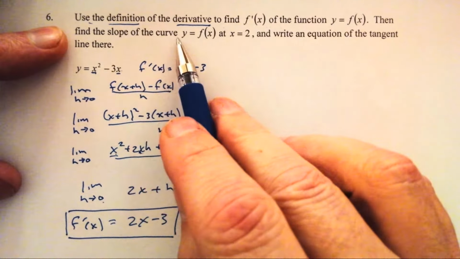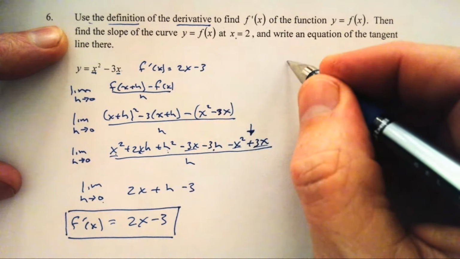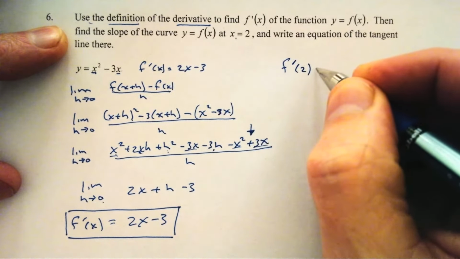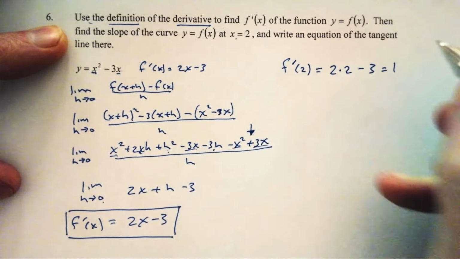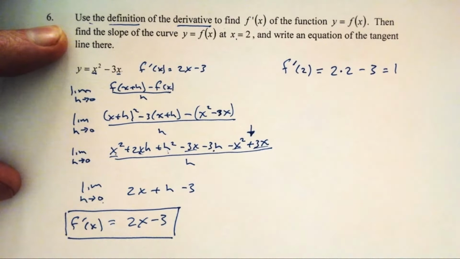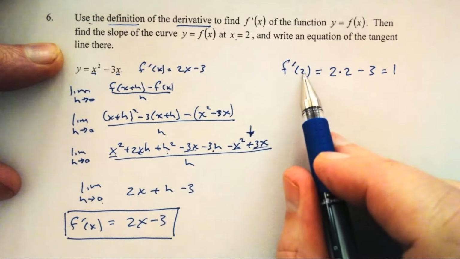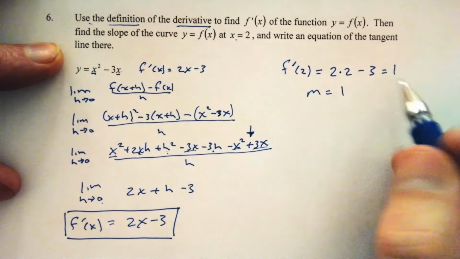Then find the slope of the curve when x equals 2. So that would be f prime of 2. F's derivative at 2 is 2 times 2 minus 3, or 1. And we're supposed to write the equation of the tangent line at that point. The tangent line at 2. Well, my slope is 1.